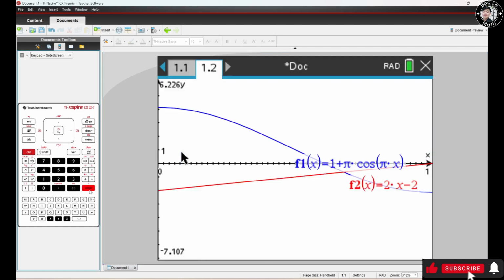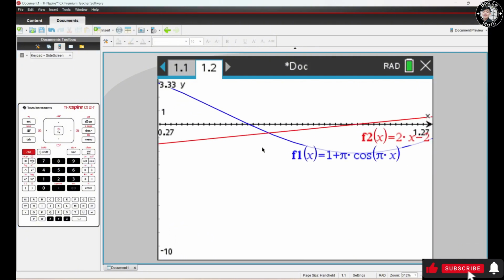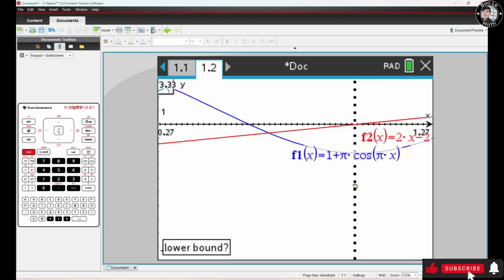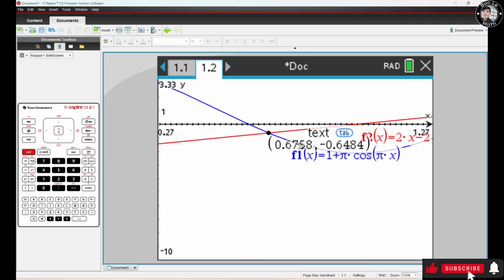Alright, I hit enter. The intersection should be right here. Now I need to hit menu, analyze graph, number 4. Go to the left of the intersection, hit enter. Go to the right, hit enter. The answer is right here, 0.6758, and then you're going to round this one. It's going to be 0.676, right?